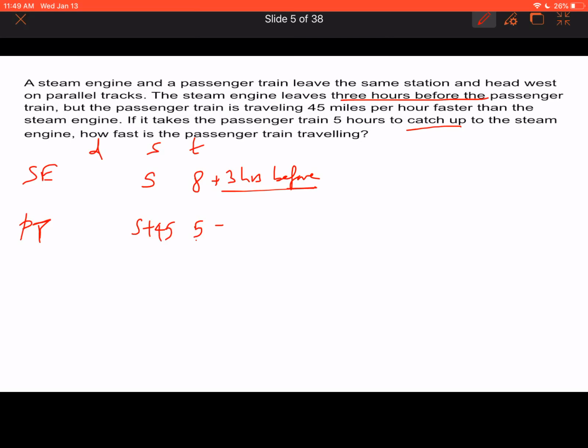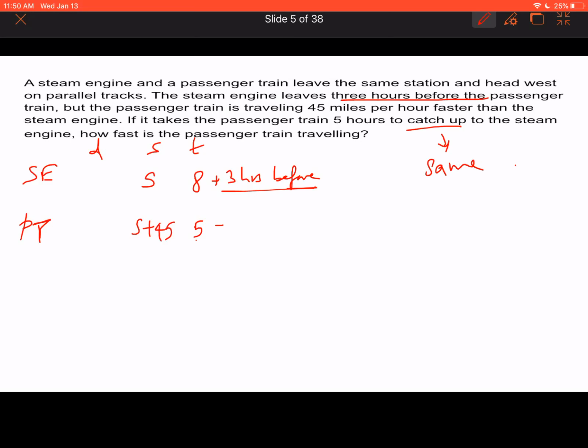In all these catch-up problems, we have to think that when these trains catch up with each other, it means they have traveled the same distance. Only the speed differs, and because of that, they take different times. So speed and time vary, but the distance is going to be the same in all catch-up problems.